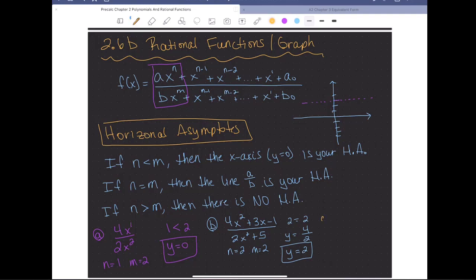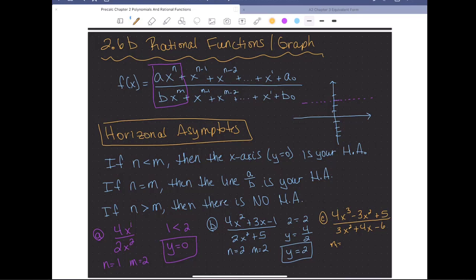Think I can fit one more on here? We'll try. Let's say we had 4x to the third minus 3x squared plus 5. Just making stuff up, right? And let's say we had 3x squared plus 4x minus 6. Same thing. I'm going to look at my numerator, and I like it because N stands for numerator, so hopefully that'll help you know to look at the top.